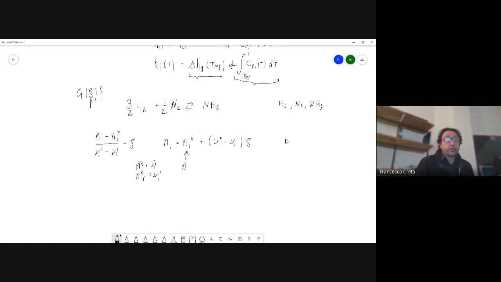So essentially, we start from an initial number of moles of H2 equal to 3 divided by 2. The initial number of nitrogen moles is 1 divided by 2. I'm just writing these two initial, and clearly initially we have 0 moles of ammonia. This means, if you remember, that psi is automatically varying from 0 to 1.